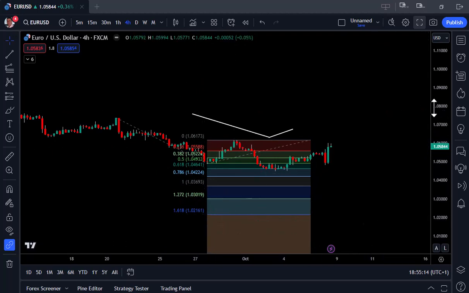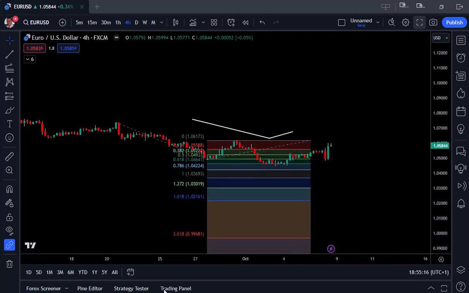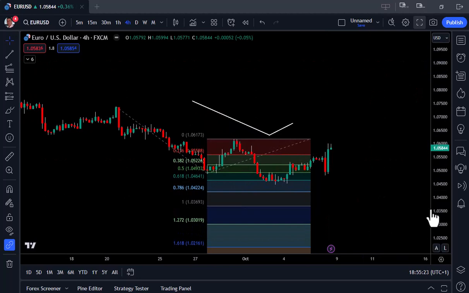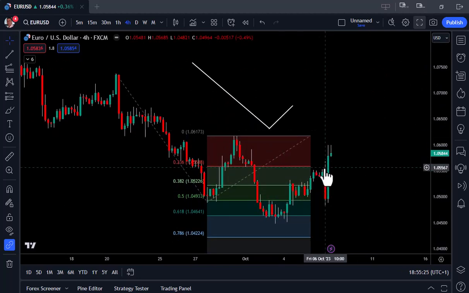You can go right away to 1618 or 2618, they run all the way through. Personally, I don't use them like that, but they can be used, and it doesn't mean just because I don't use them that they're not usable. So there you go. That's the second way of really using Fibonacci.